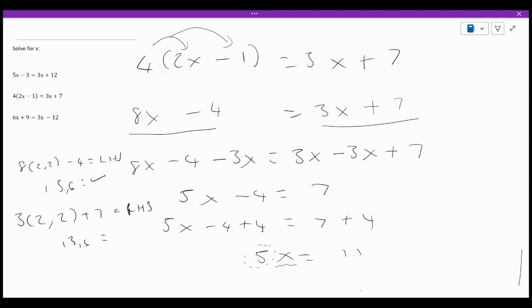So this is correct because both the left hand side and the right hand side are equal. Okay.